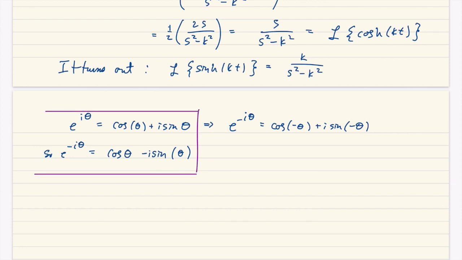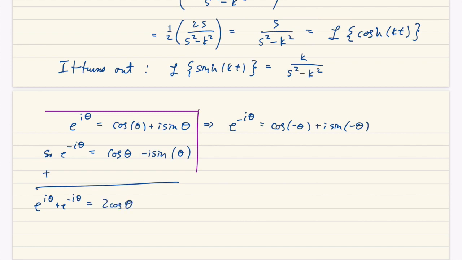And it turns out if I add up both of these equations, we're going to see that the sine terms cancel, and e to the I theta plus e to the negative I theta is equal to 2 cosine of theta. In other words, cosine of theta can actually be written as a sum of exponentials, e to the I theta plus e to the minus I theta, over 2.